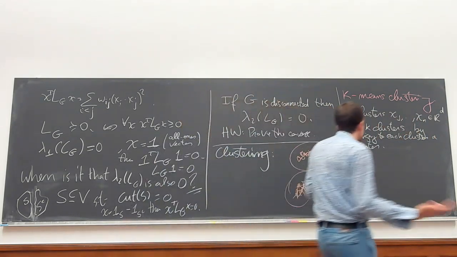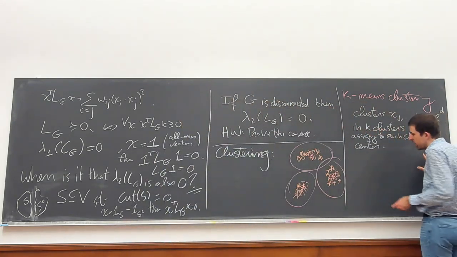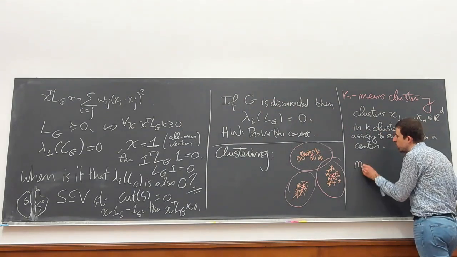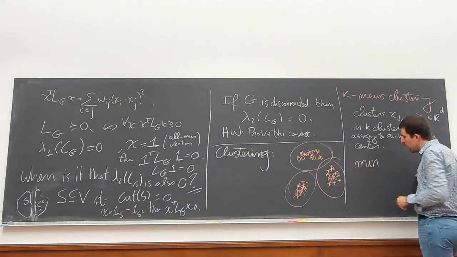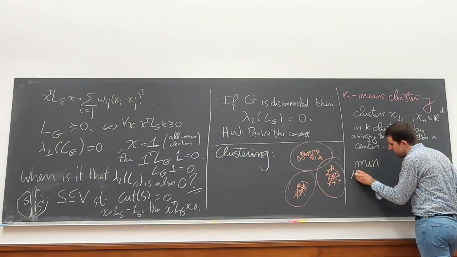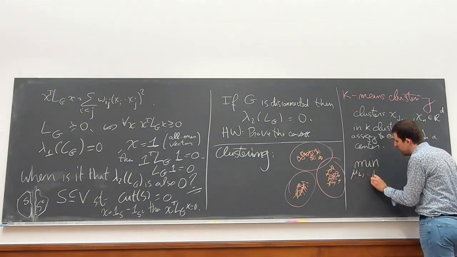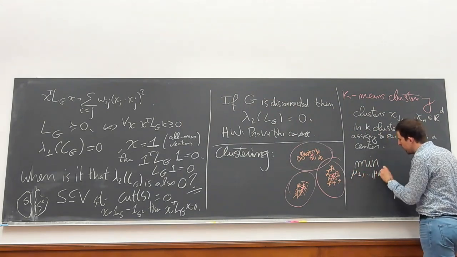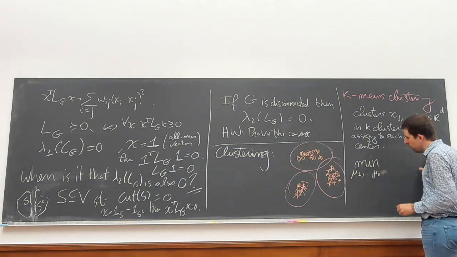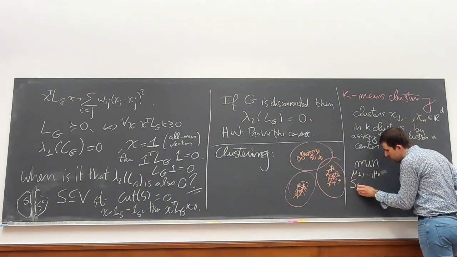Right, so let me write an actual objective. This is now known as the k-means objective. So you minimize over all possible centers, these are points in R^d, of course, and now also partitions.